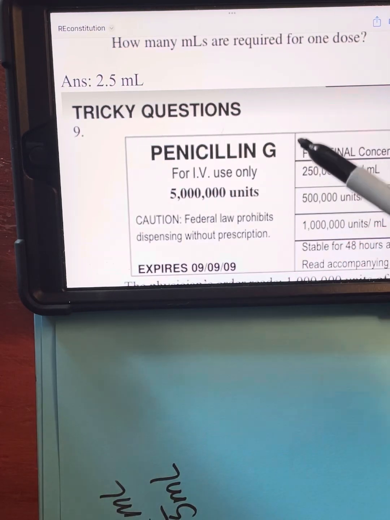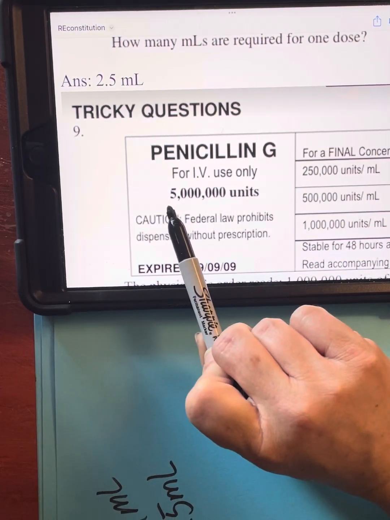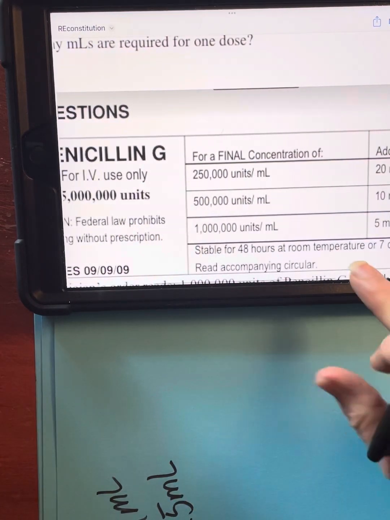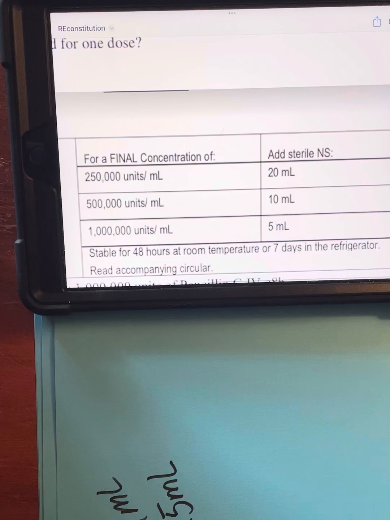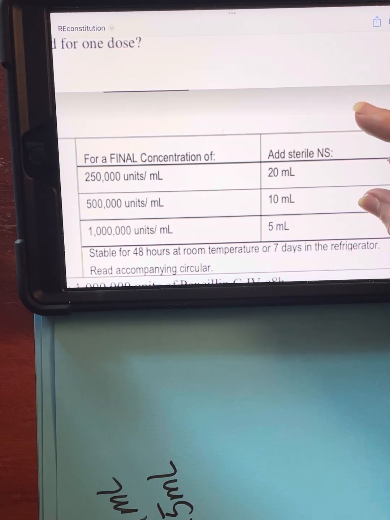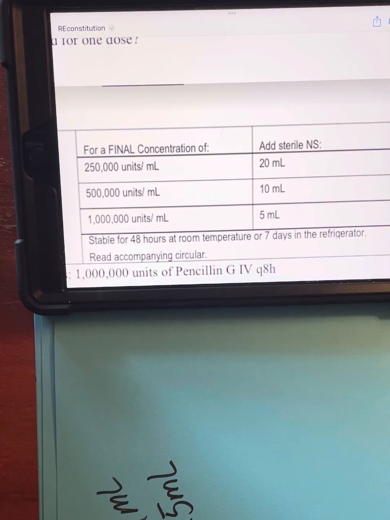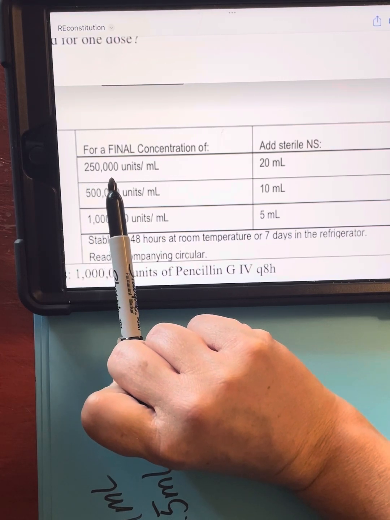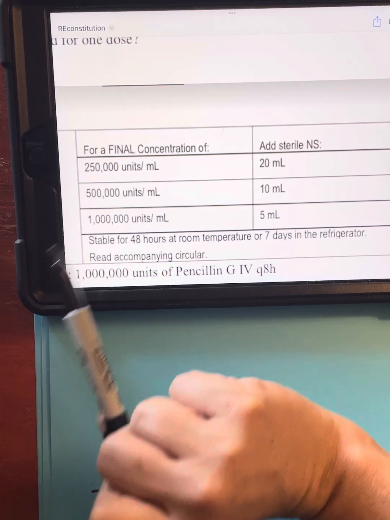So this is penicillin G IV use, 5 million units. And then you have your choice of the concentration that you want to make that vial, depending on how much it is you have to give. You could put 20 milliliters in the bottle for a final concentration of 250,000 units per milliliter.